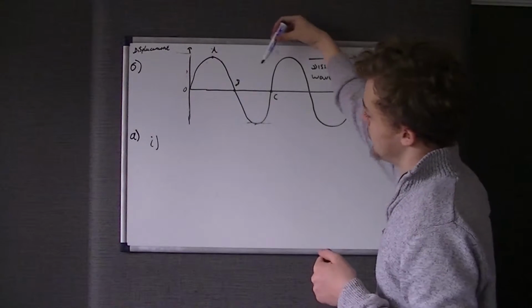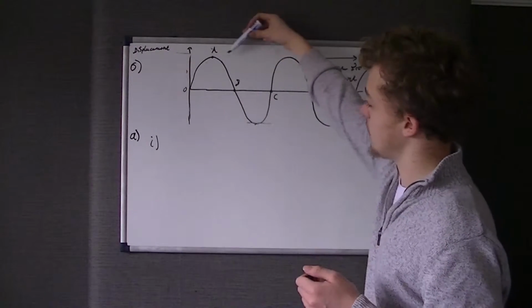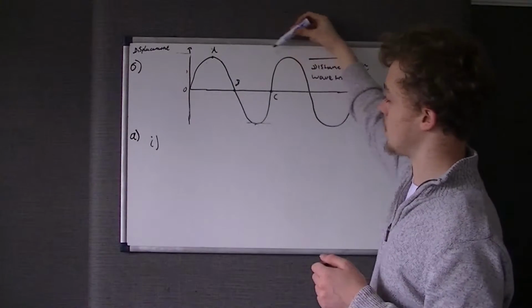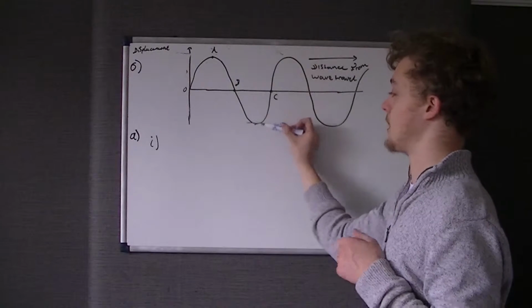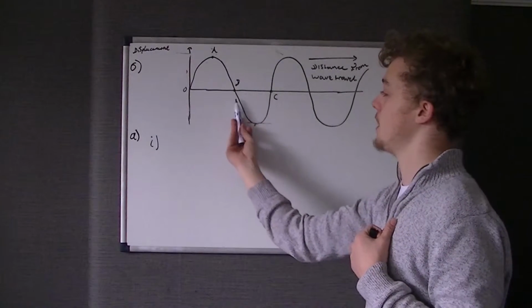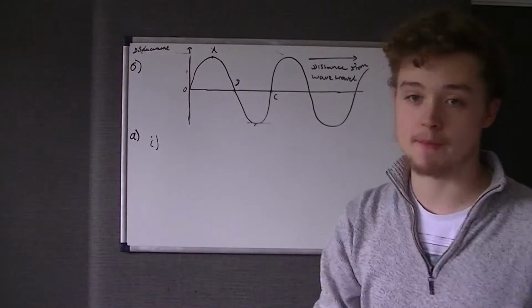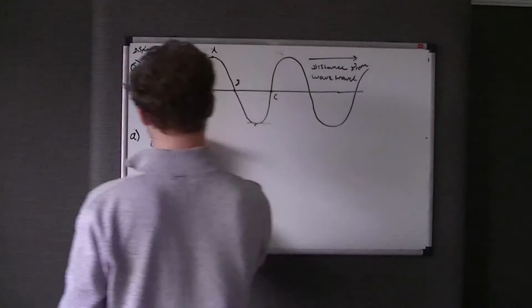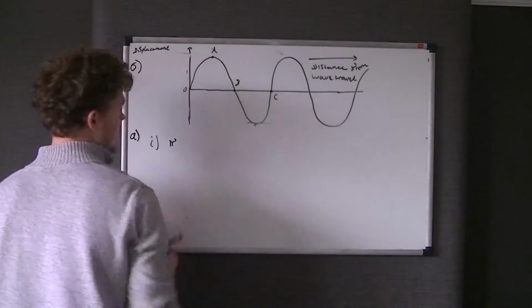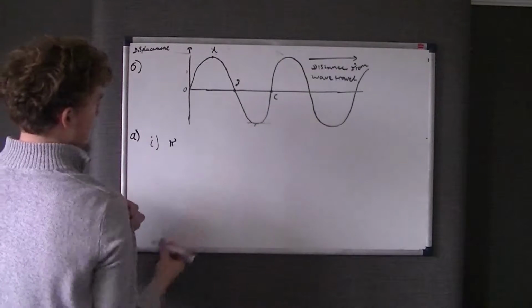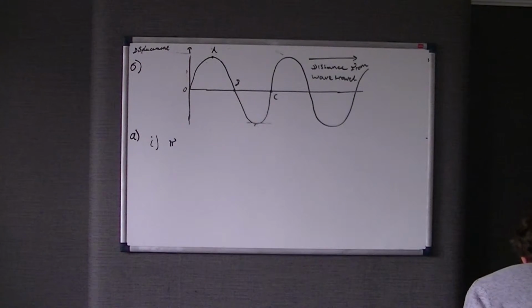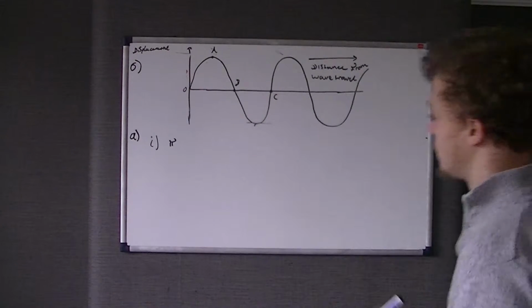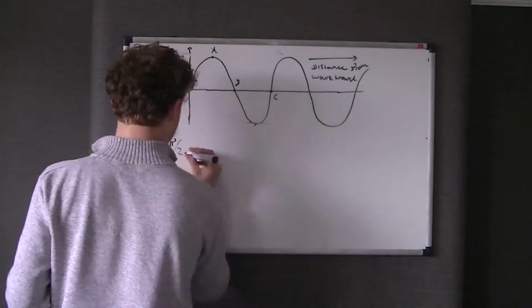If you look at halfway, that's that point, and then we halve it again to get to B. So between A and B, they are pi on 2 out of phase. Let me just double check that. Yep, I did trust myself, but you know.